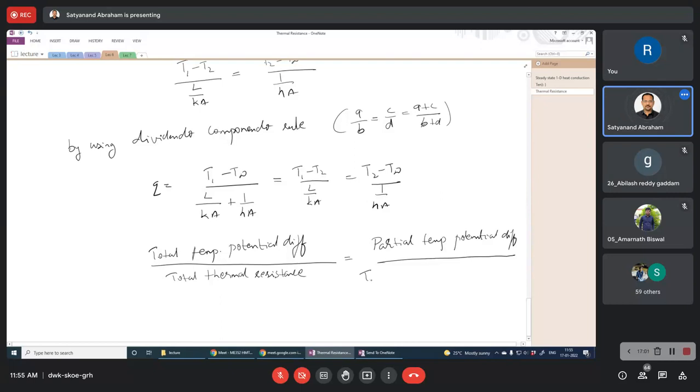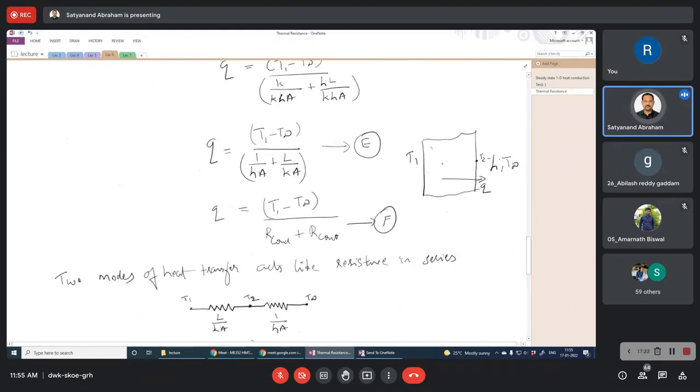Thermal resistance over the corresponding length. So what does that mean? A partial potential difference is T1 minus T2, so it is just a part of the wall system. Our wall system is from T1 to T infinity. A part is from T1 to T2 or from T2 to T infinity.